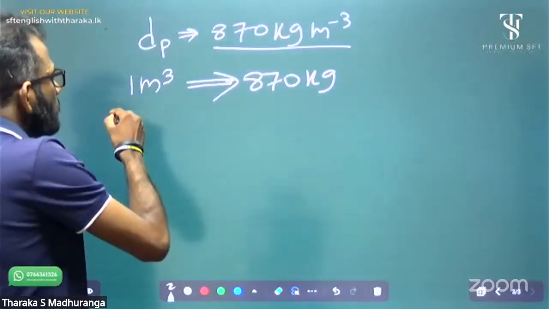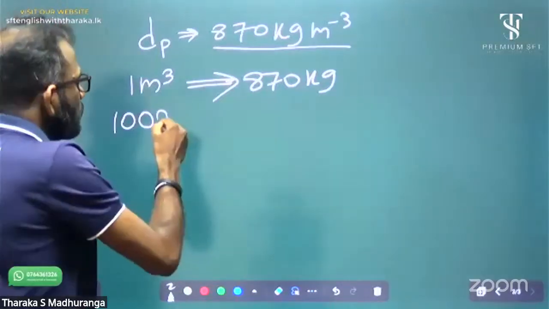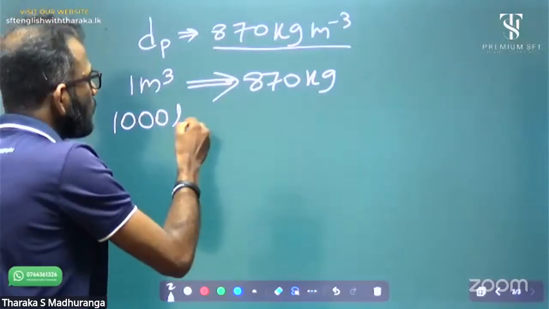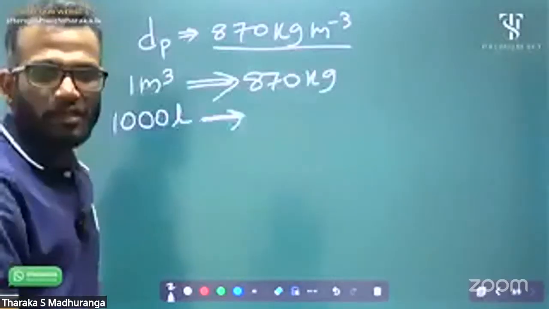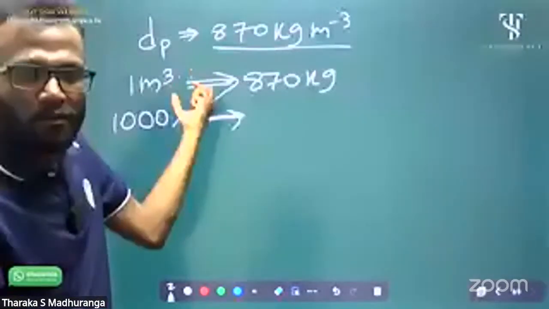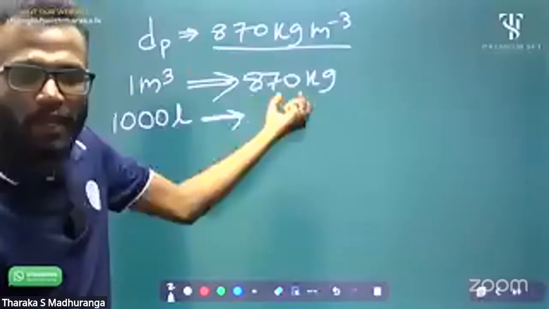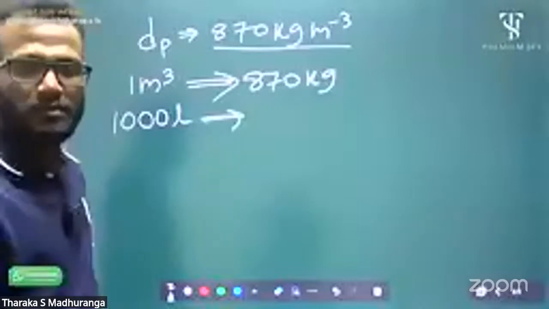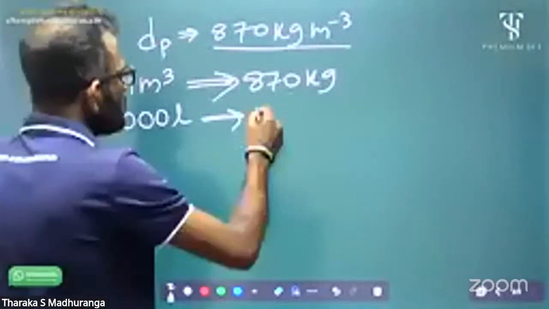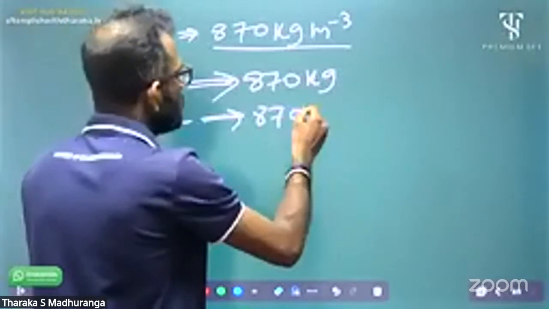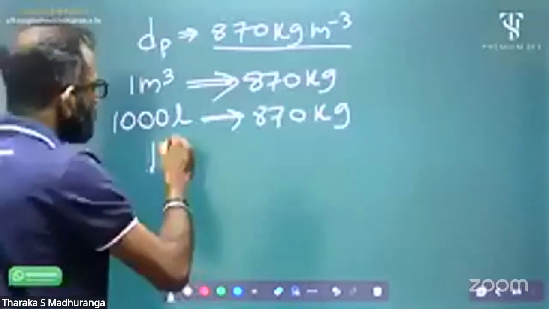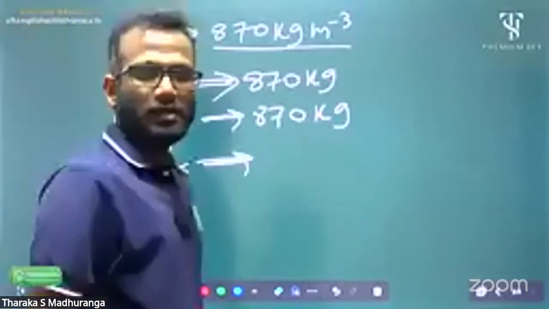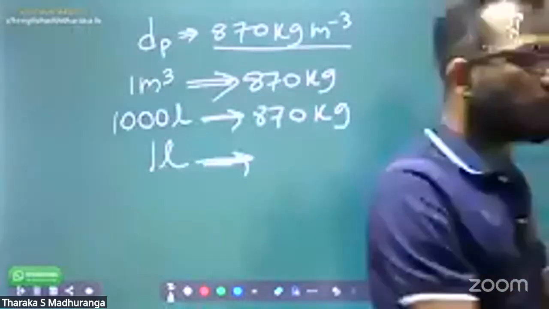Okay, 1 cubic meter of liquid is 1000 liter. Can you calculate, 1 cubic meter is 870 kilogram, the mass of 1 liter of petrol?